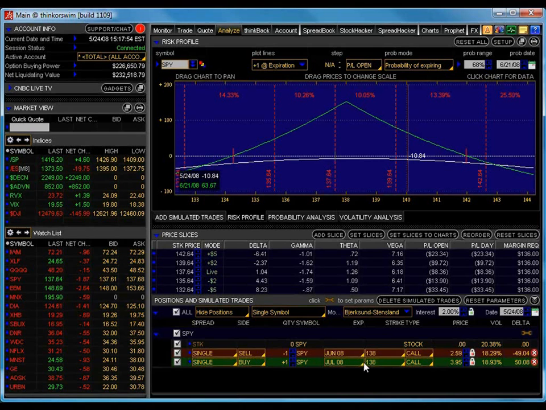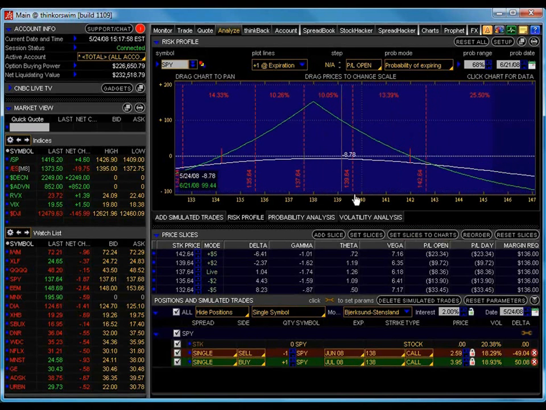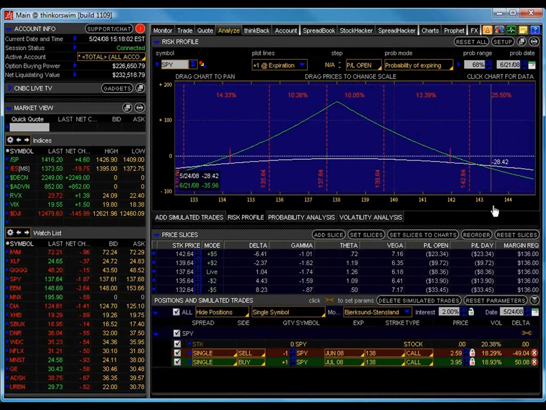The purchase of this call provides us with protection, because if the price were to move against us, we would have a limited loss on the position. Our maximum gain and maximum profit on the position is achieved at the exact price that we sold this call for, which in this case is the 138. That's the strike price of the call that we sold.